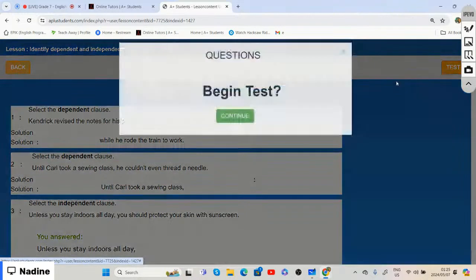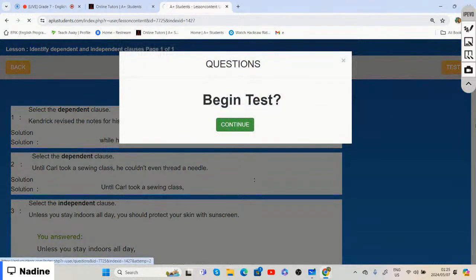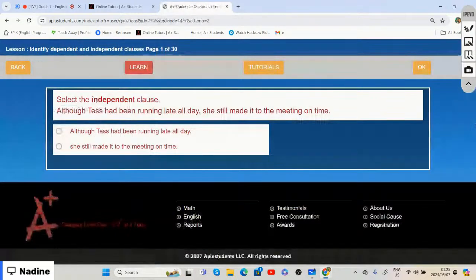Let's go to our test. So now we're going to select the independent clause. And remember, an independent clause is a clause that can stand on its own.